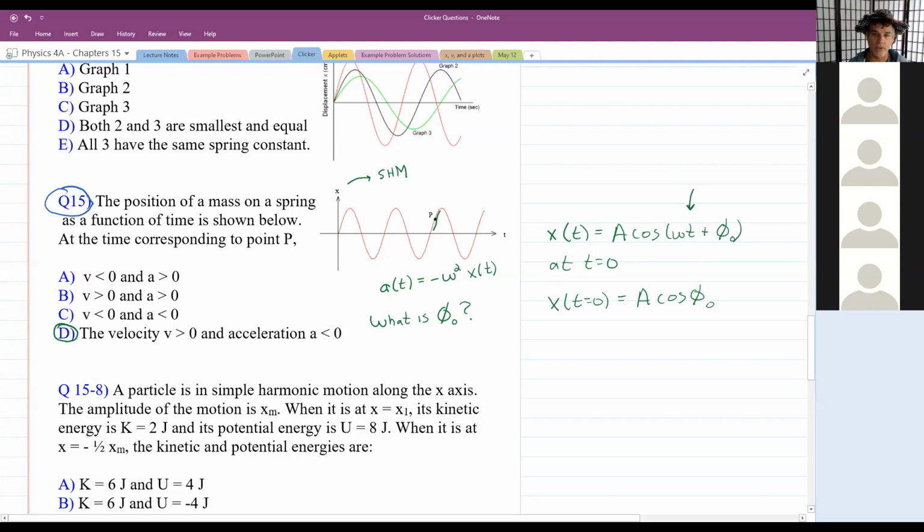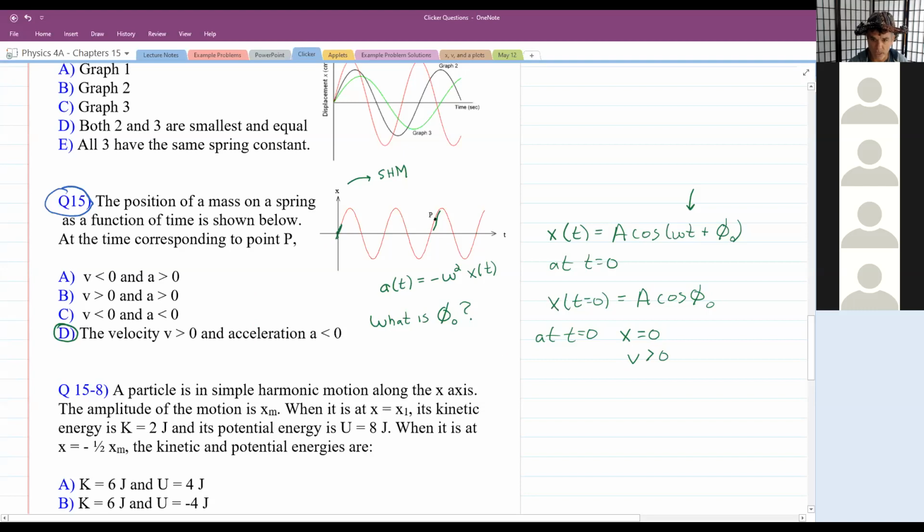So in this case, at t equals 0, two things you need to know. What is x and what is the sign of the velocity? So here x equals 0 and my velocity is greater than 0. I know my velocity is greater than 0 just because the slope right here is positive.